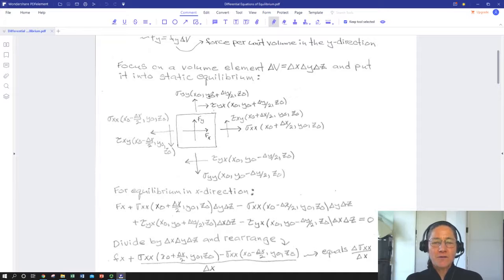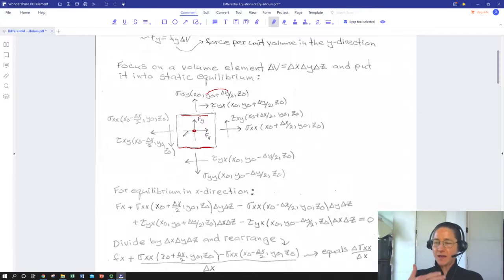We're going to take note of the fact that y0 plus delta y over 2 indicates the particular location of these faces. So x0, y0 is the point at the center of the diagram. This whole face has a coordinate of y0 plus delta y over 2. This one has a coordinate of y0 minus delta y over 2, and the same with x.